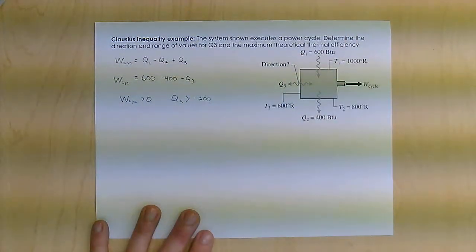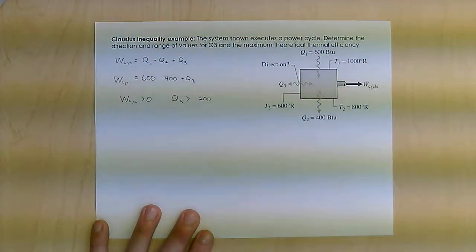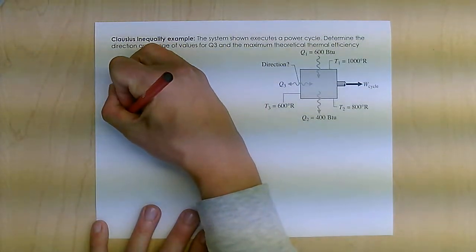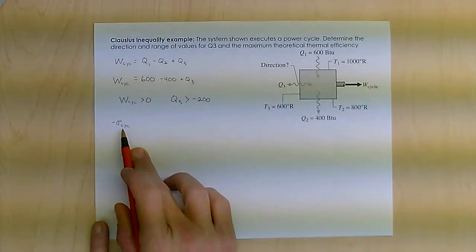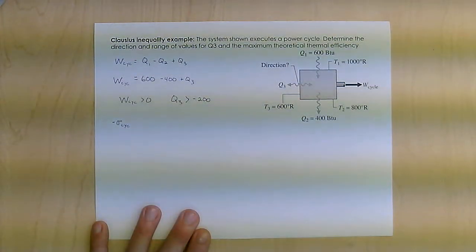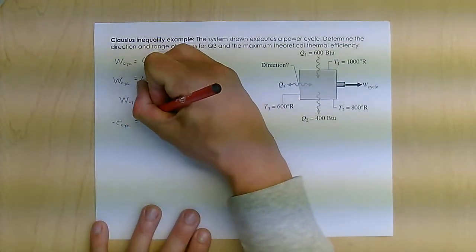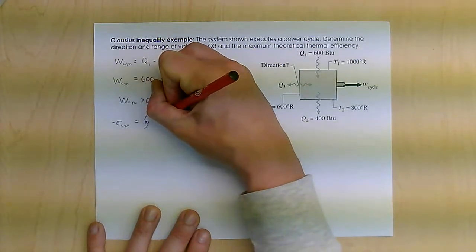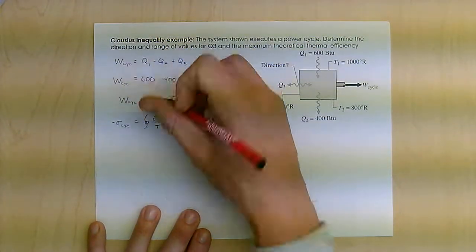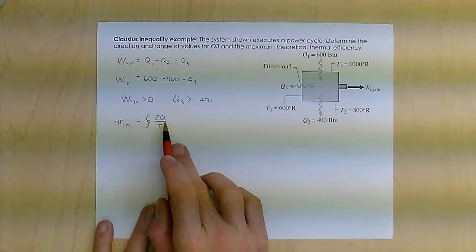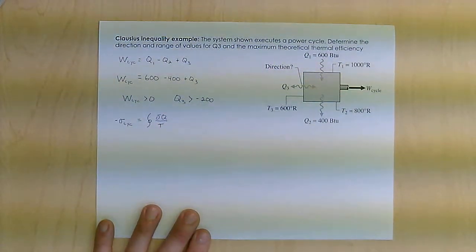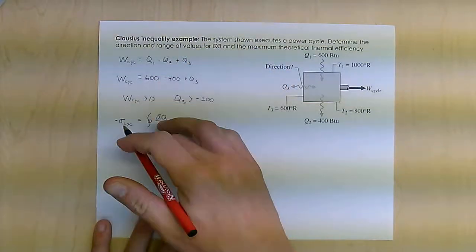Okay, so that gives us one bound. We've got to find another one. And the other bound we're going to find using the Clausius inequality, where I have sigma of the cycle equals, and you've seen this in the book, the cyclic integral of del Q over T. What this is essentially is summing up for a cycle the Q's over the temperatures they occur at. So I've got 3 of these here, so I don't have to do an integral.